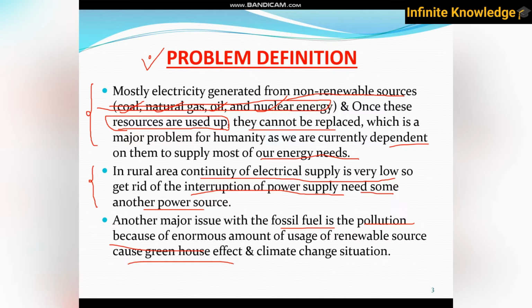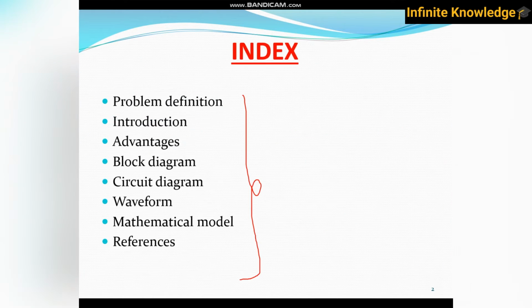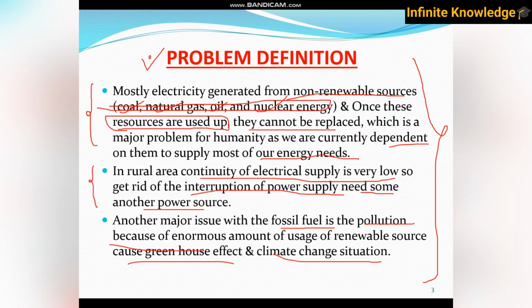It causes the greenhouse effect and climate change. So this is the basic problem definition of this project, and by using this method, you can slightly mitigate these problems, or give your contribution to mitigating them.